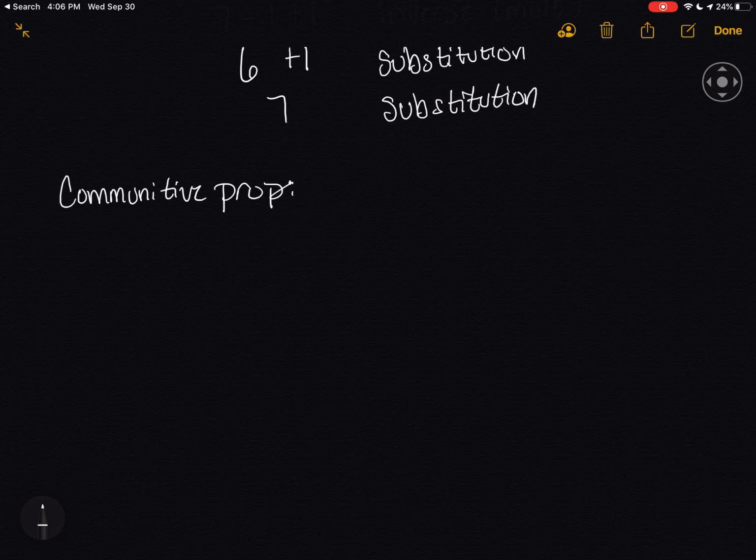And abbreviate property is just PROP. So the commutative property is that if you add or multiply, the order doesn't matter if you change it.